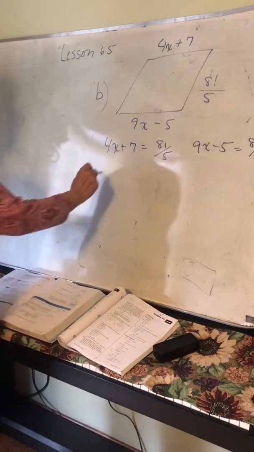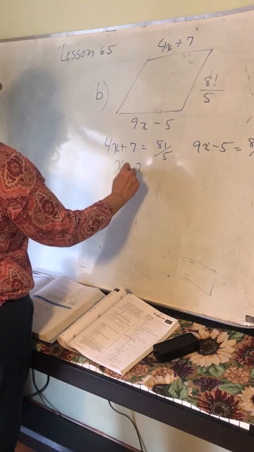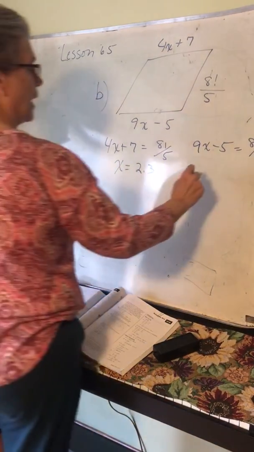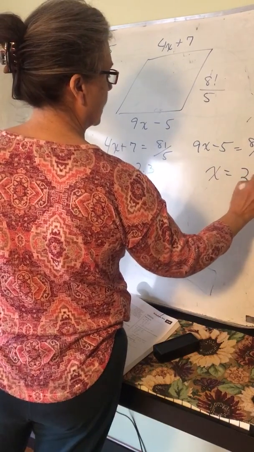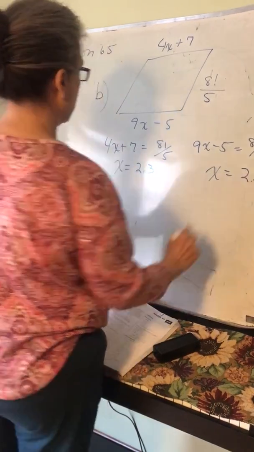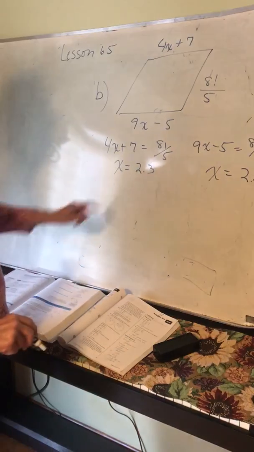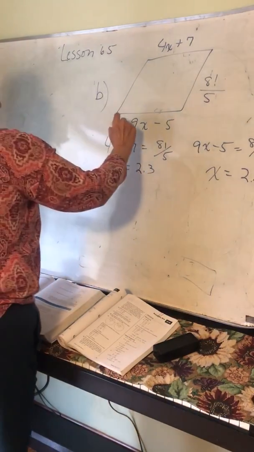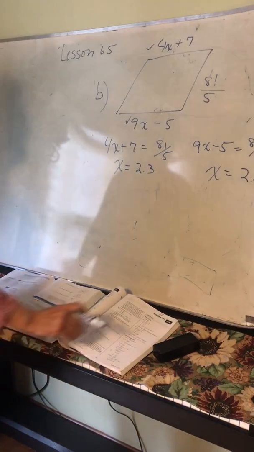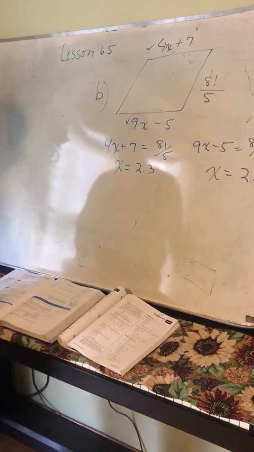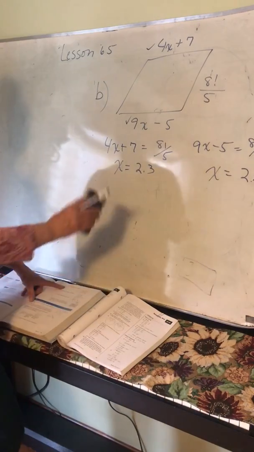And x in this one equals 2.3, and x after you solve this is equal to 2.36. These are not equal. That means the sides are not all equal, so this is not a rhombus.